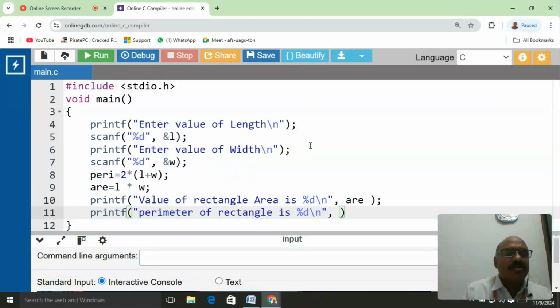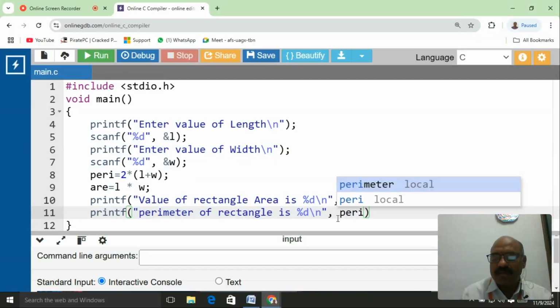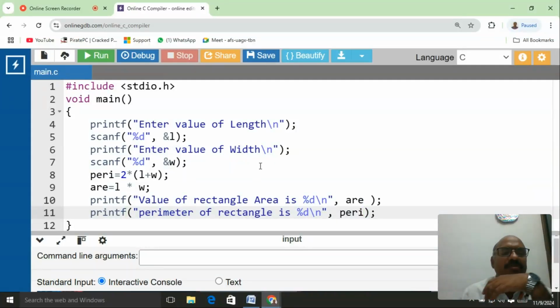So the value stored here, we can observe that in peri. These are the variables. Why percentage d only? It means I would like to consider only the integer values. So here this is the input and this is the input. So the input statements are over. These two are the processing and these two statements are the output.